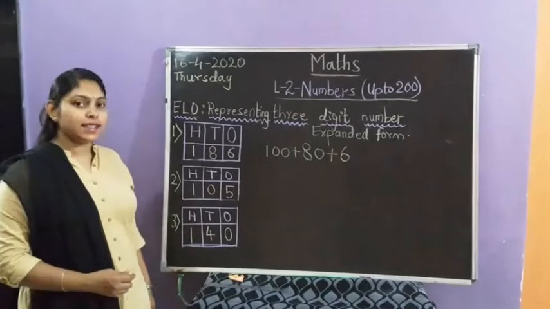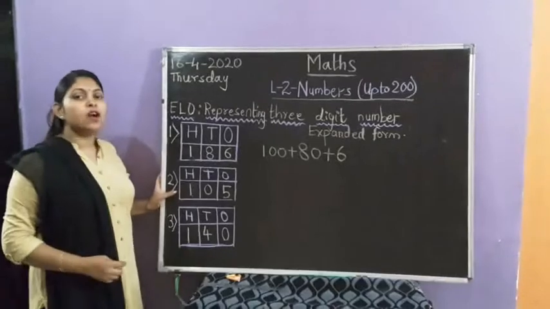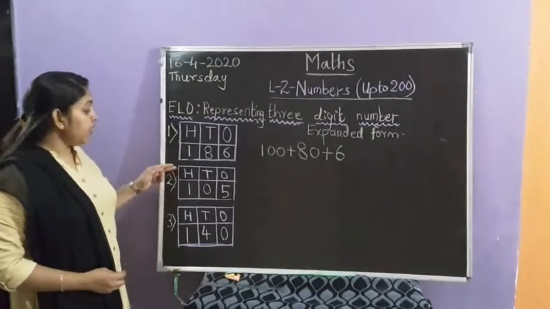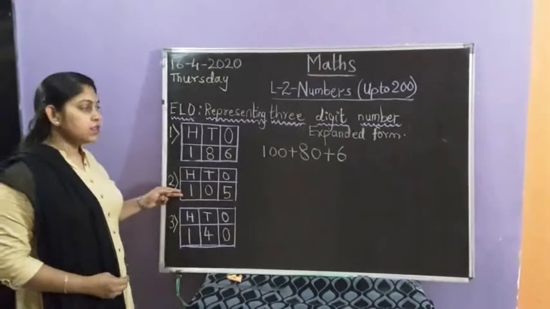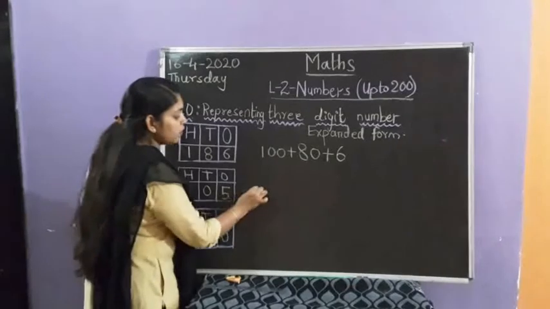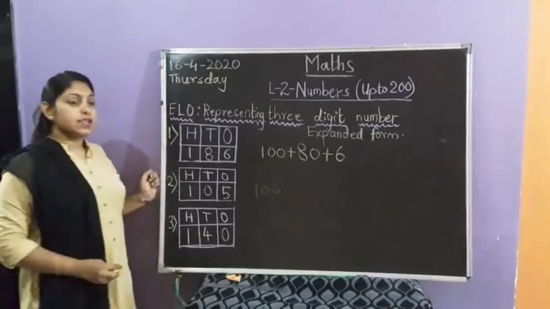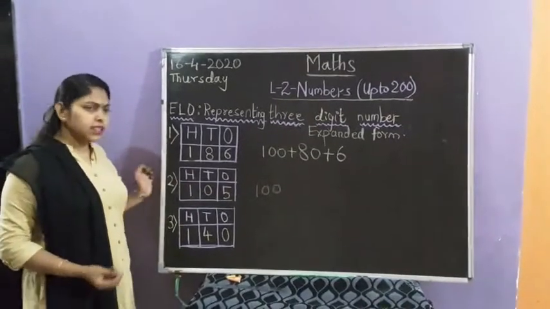Let's see our second example. Here we have the number 105. As you can see, in hundreds room, we have the number 1. So again, the place value of 1 here is 100. Second number we have in tens column, that is 0.